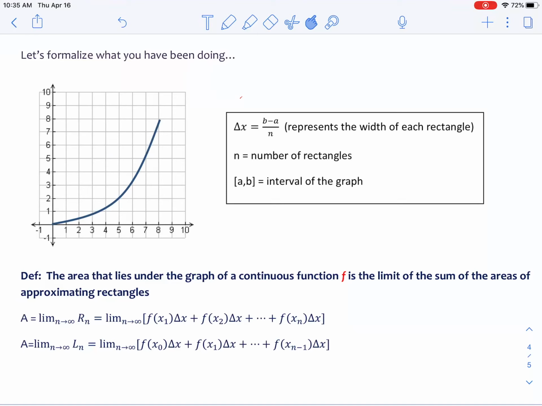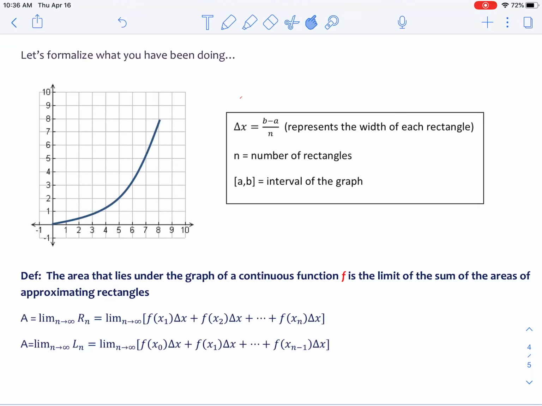Okay, so definition of the area that lies under the graph of a continuous function f is the limit of the sum of the areas of the approximating rectangles. So if we just look at the right estimate, the limit as the number of rectangles approaches infinity of R sub n, where n, you'll notice up in the box, is the number of rectangles. So as our number of rectangles becomes infinite, it gets larger and larger and larger.